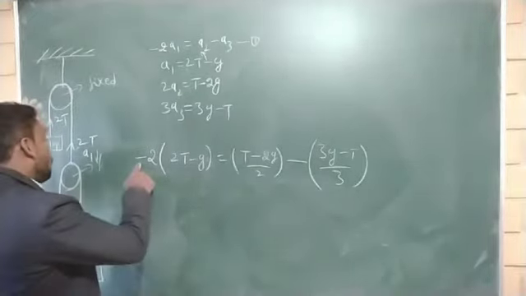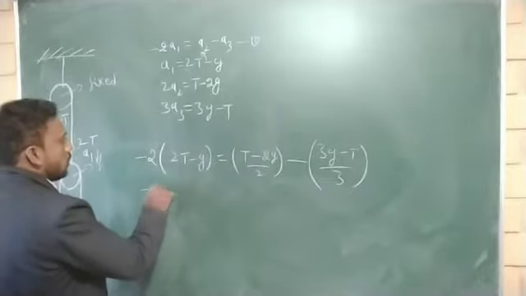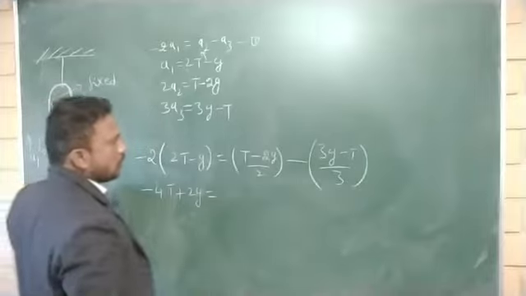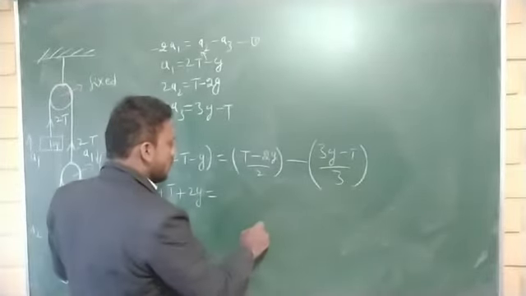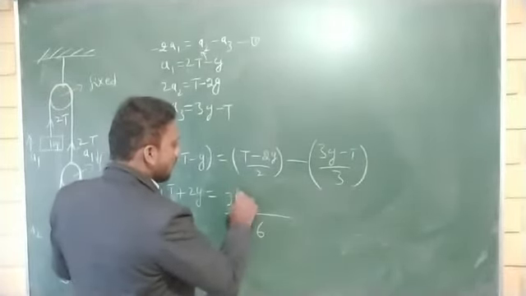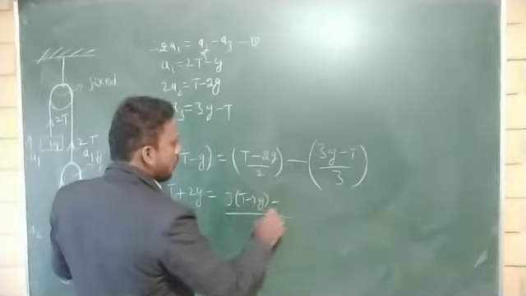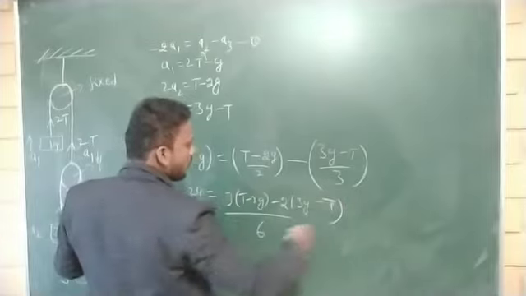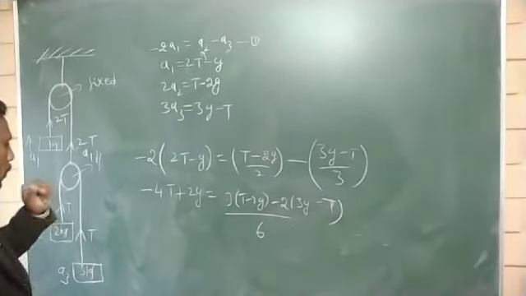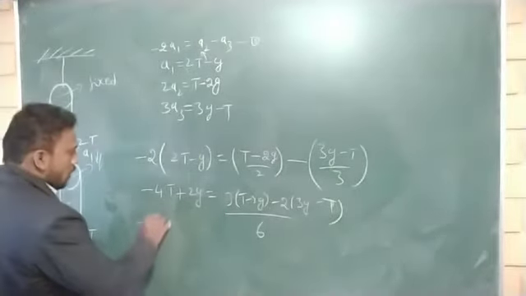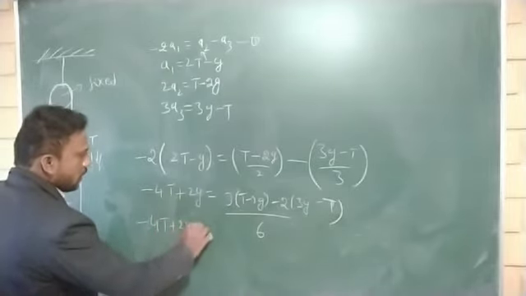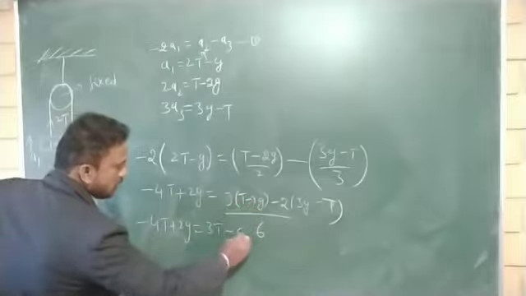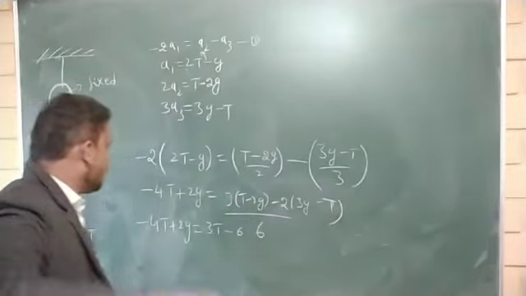Take the LCM of 2 and 3, which is 6. Minus 4T plus 2g is equal to 3 into (T minus 2g) minus 2 into (3g minus T). That gives minus 4T plus 2g is equal to 3T minus 6g.